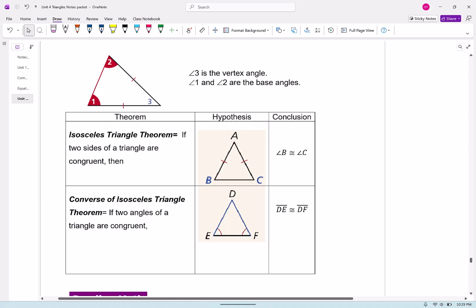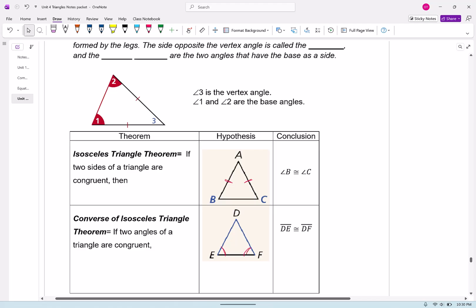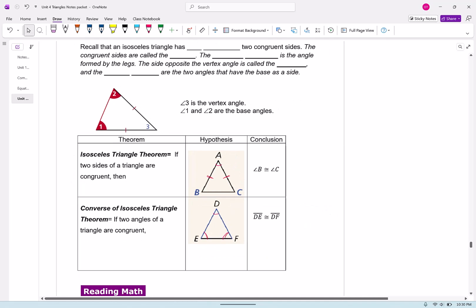I got two sides that are the same, and on isosceles triangles those two angles are the same. So we see the vertex angle. A and D would be the vertex angle. Then I got the base angles on the bottom. That's just some terminology that might be helpful.